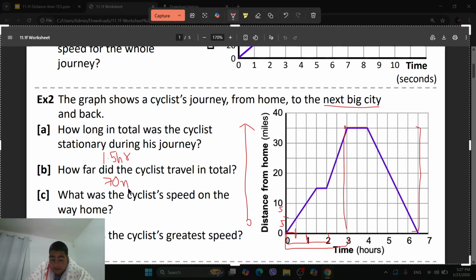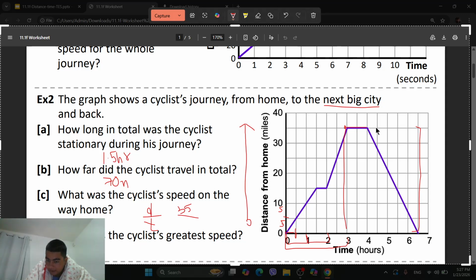What was the cyclist's speed on the way home? How do you calculate speed? Distance traveled divided by time taken, isn't it? The distance traveled on his way back home is 35 miles, okay? And then the time taken: how long did it take to travel from here back home? This is 30 minutes, 30 minutes, 30 minutes, 30 minutes, 30 minutes.